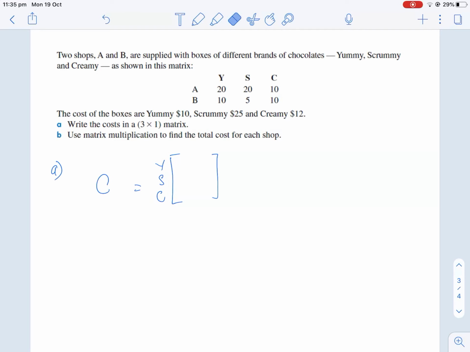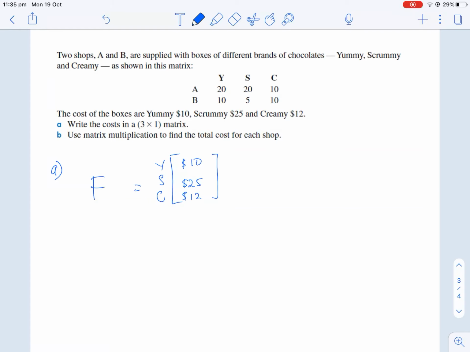So the cost here, we make it F then. Because I'm afraid we get mixed up with this C, if we call this one C, we're going to mix up with this one. So Yummy is $10. Scrummy is $25 each, and Creamy is $12 each.